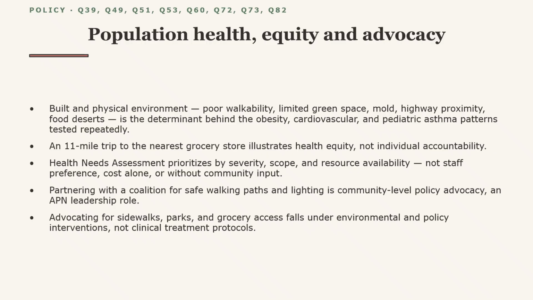So this speaks to population health, determinants, and advocacy. 8 items makes this one of the most heavily weighted domains that you're going to see in the exam. So this is really a hot spot, okay?